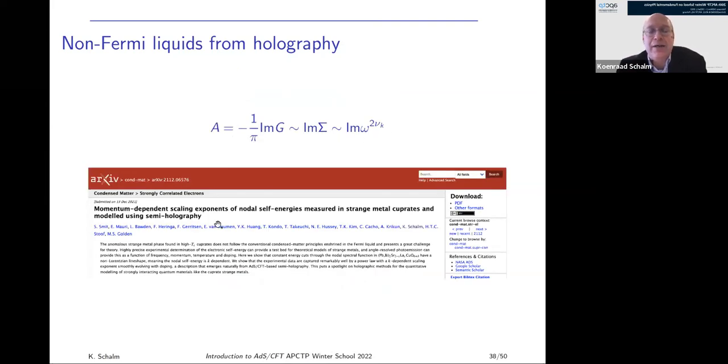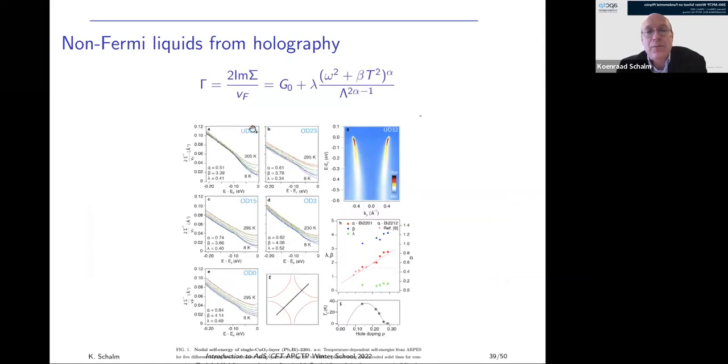And this last paper, I won't show you the details here, but even shows you that if you look in more detail, this power is subtly momentum dependent. That is the resolution with which they are working. We cannot yet say with certainty that this is precisely an AdS2 holographic metal, but the indication that this is close, including the momentum dependence, is pretty stunning.